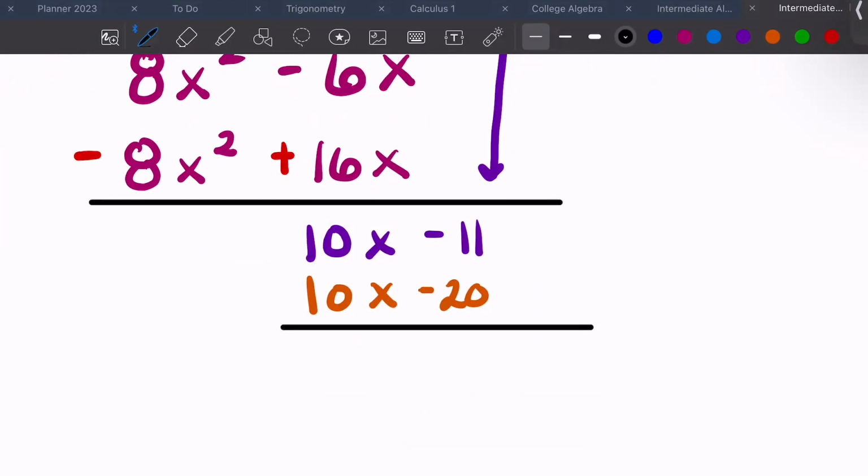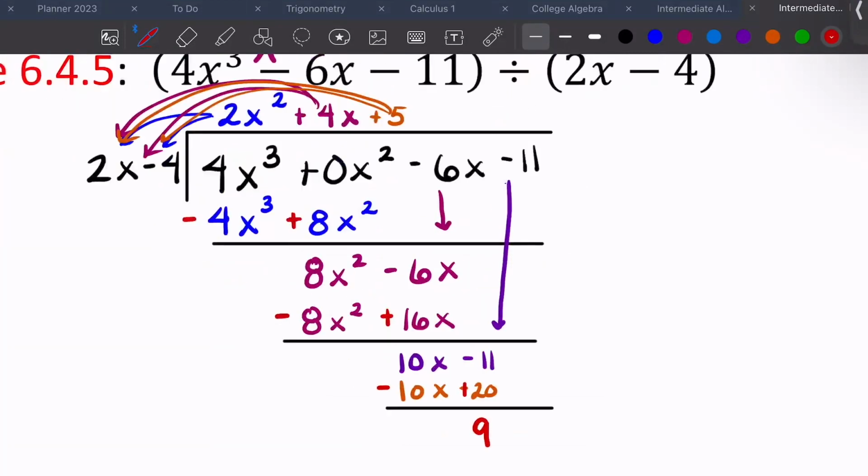So we get negative, that gives us 0. Positive. So our leftover is 9. That's our remainder. So if we write our answer, we say 2x squared plus 4x plus 5 with a remainder of 9, okay?